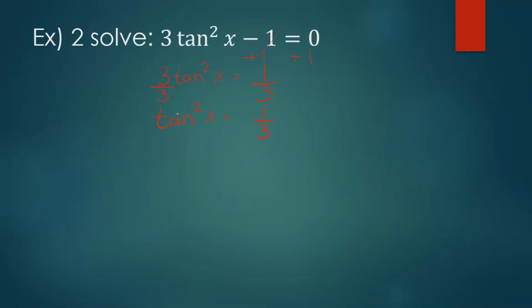And then what you're going to do is take the square root of both sides. So this is going to be tan of x. Now be careful, when you take the square root, you get two answers, right? You get a plus or minus. Square root of 1 over 3 is the same thing as square root of 1 divided by square root of 3.